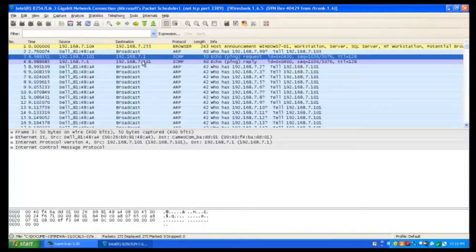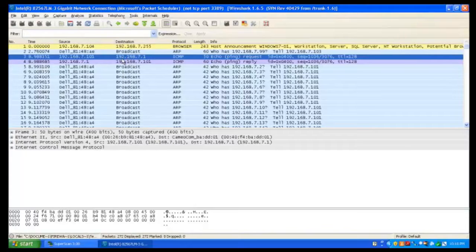Don't worry about those. Let's look at this. This is the start of our ping sweep. So this is the computer 7.101 that we're using as both the machine that's doing the ping sweep, and this is also where we're running our sniffer, Wireshark. So keep those 2 things in mind.